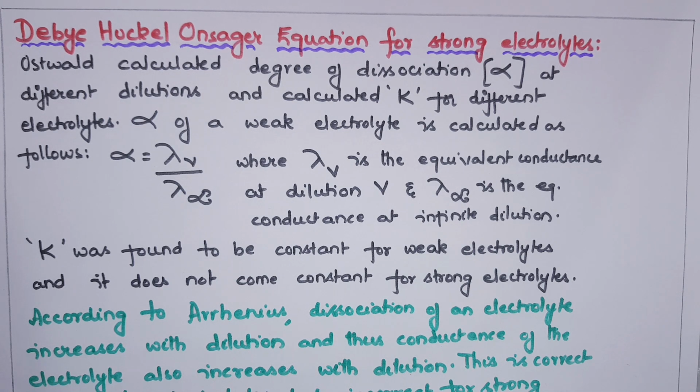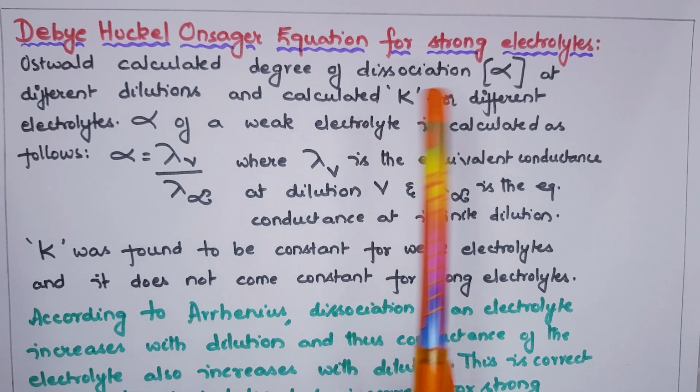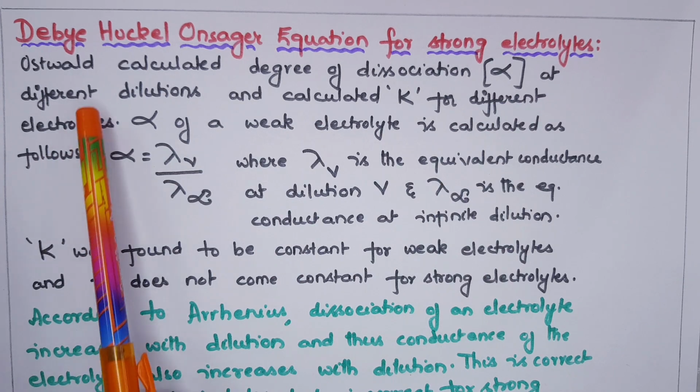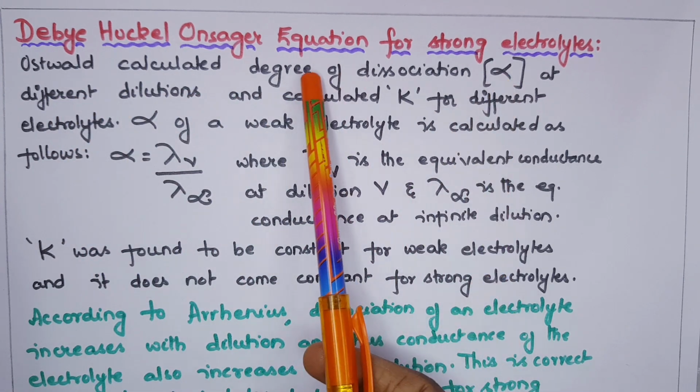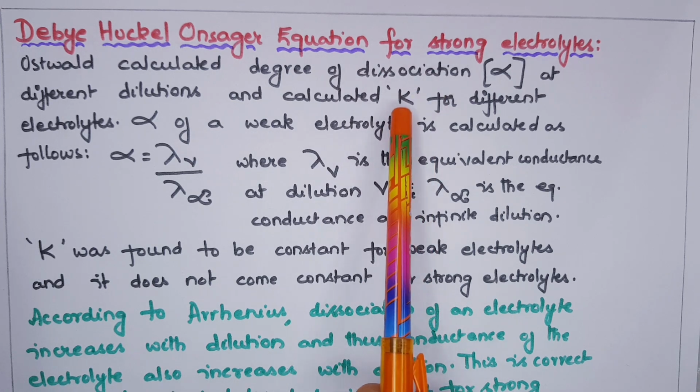Okay. So he changed the concentration at different dilutions. He calculated the degree of dissociation alpha and also the dissociation constant K for different electrolytes. Okay students, he has taken different electrolytes at different dilutions. He has calculated alpha, the degree of dissociation, and also K.